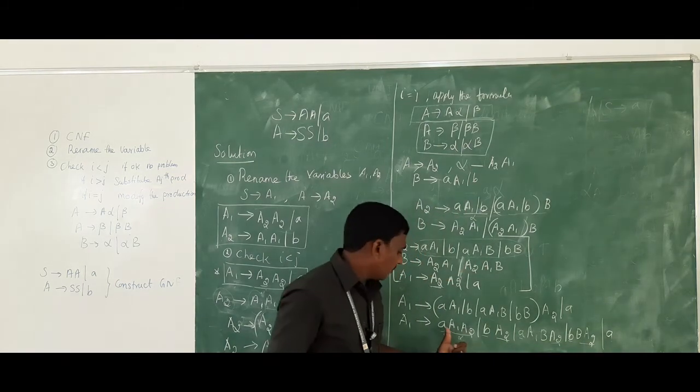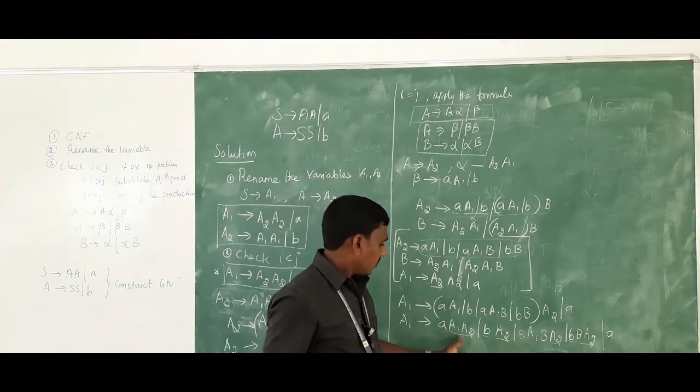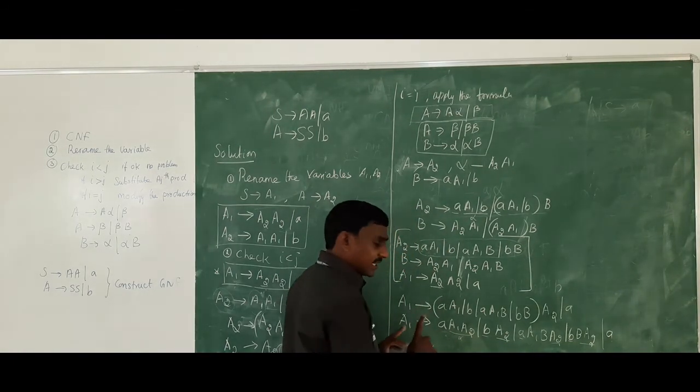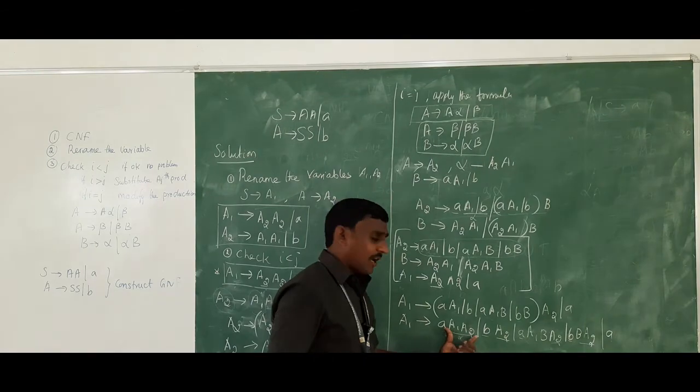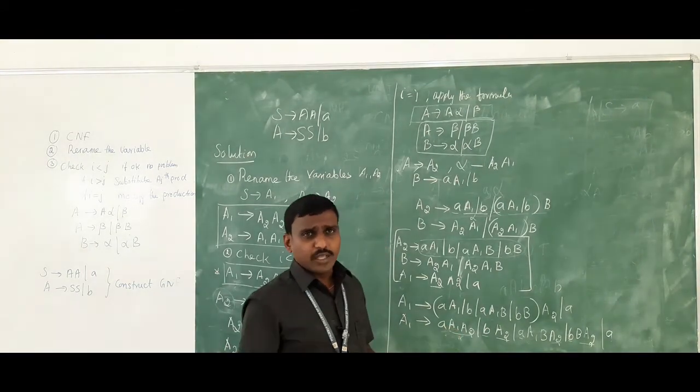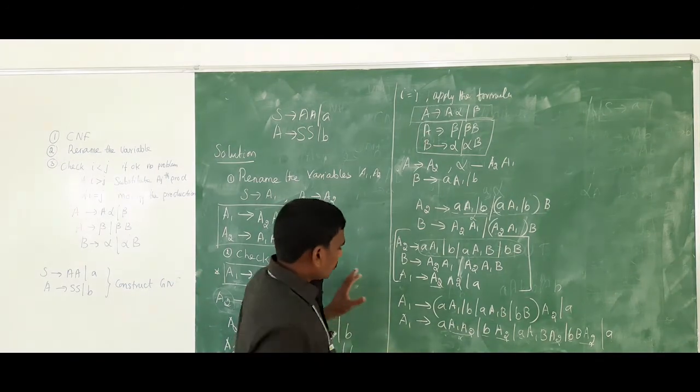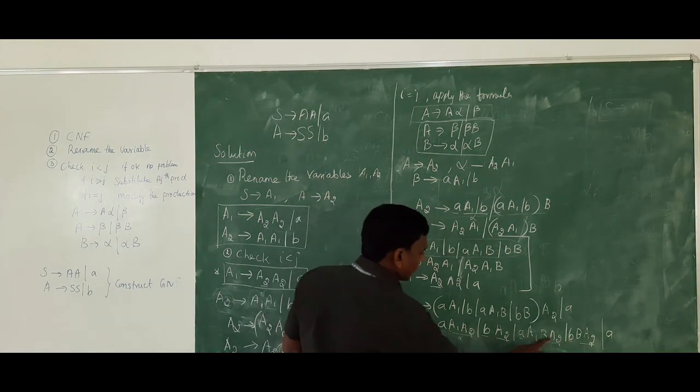I told you, terminal means one small letter, it should start. Not only here, every term you just check it. Each and every production starts with the terminal alpha, no issue. It may be a combination of variables or variable and terminal, no problem. Clear? So see, A1 also I got in Greibach normal form.